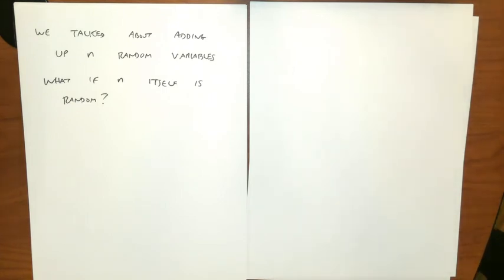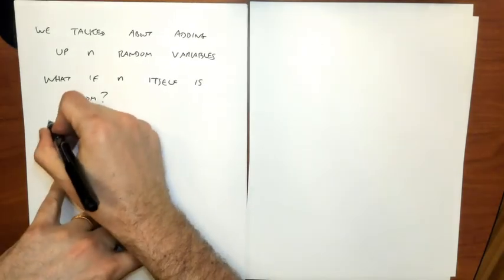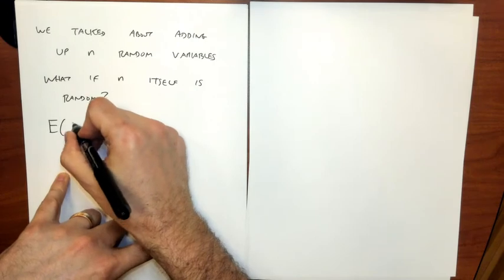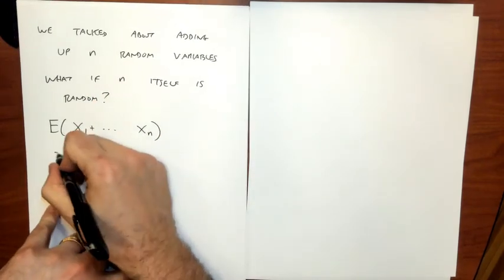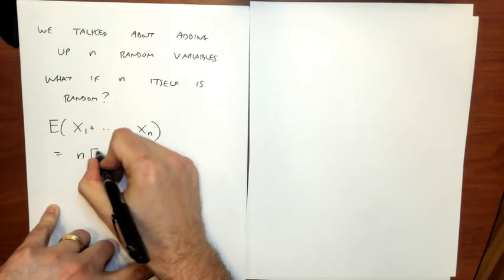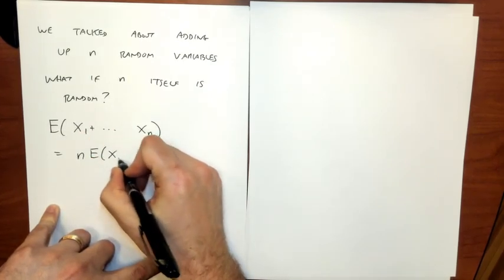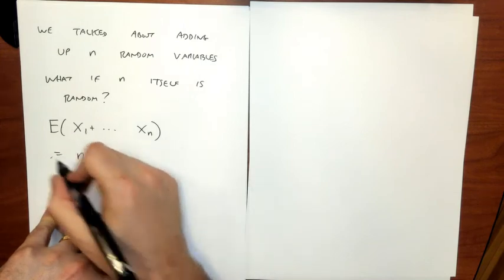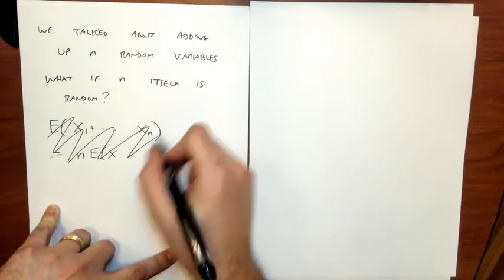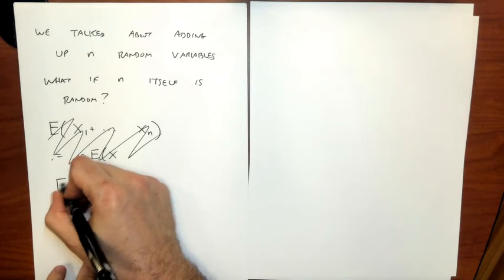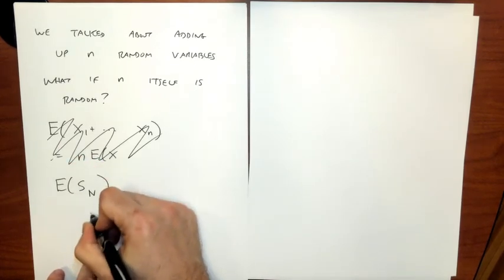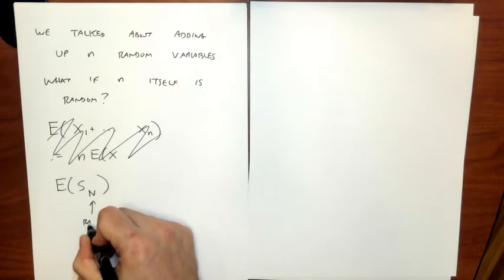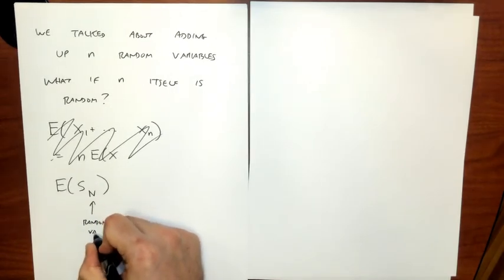And so we already kind of did this problem as a preview to what I'm saying right now. What is the expected value of the sum of n random variables where n is a random variable itself?